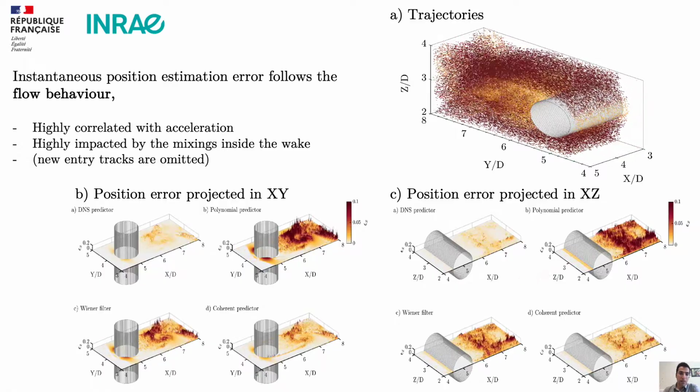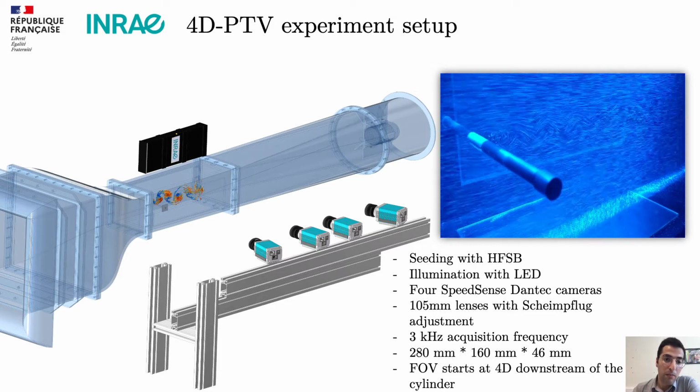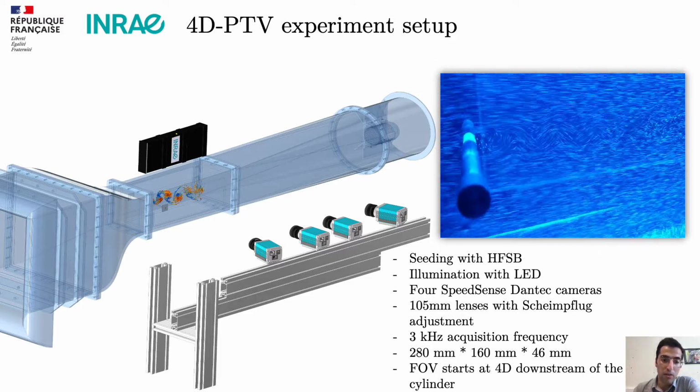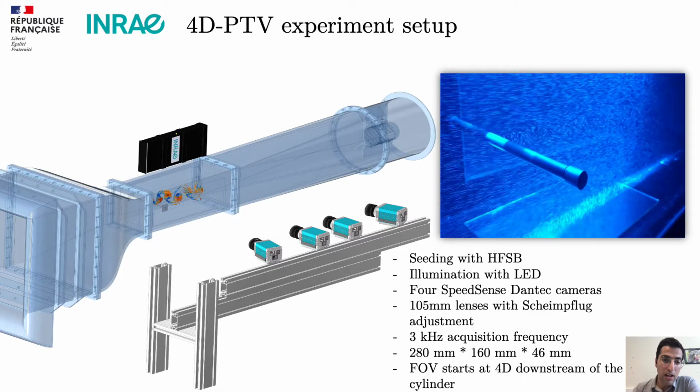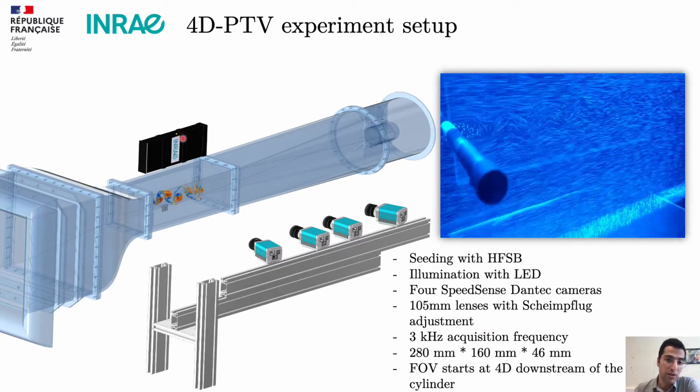The next step we studied was the experimental study. We tried to do the same Reynolds number, the same configuration, but with 4 cameras, using helium-filled soap bubbles and LED for the illumination.